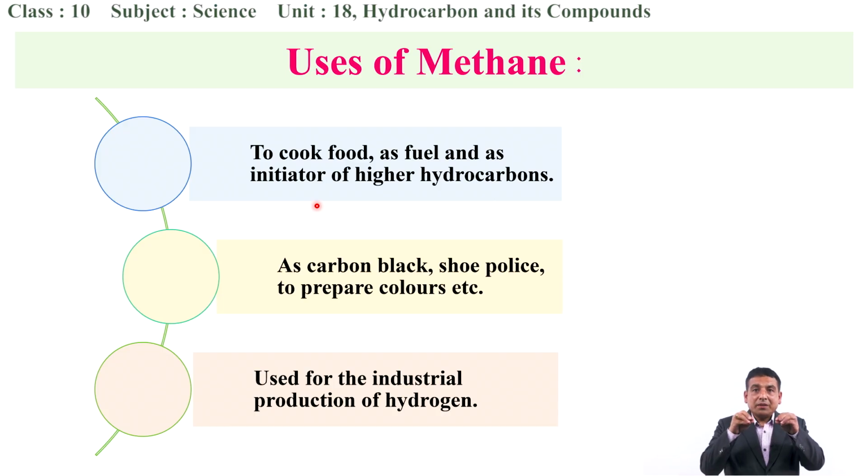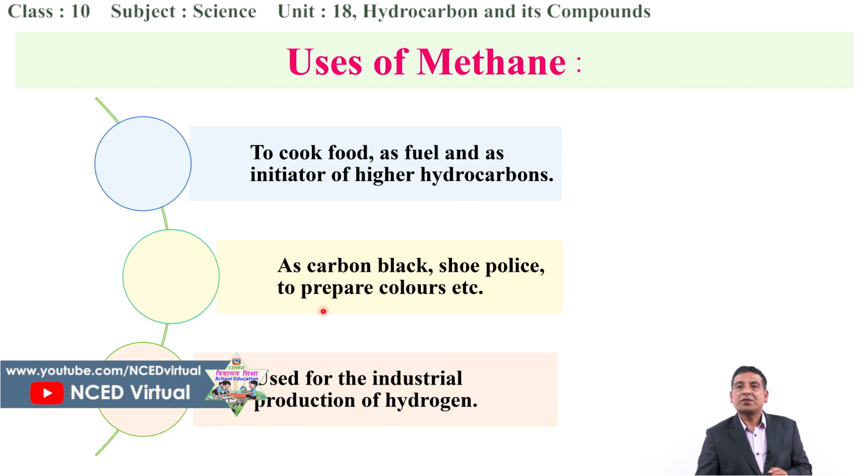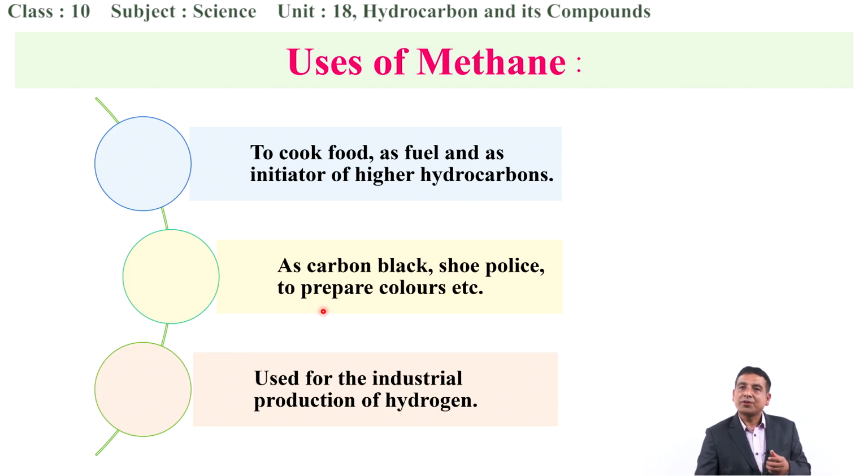So methane gas is considered the initiator of all other longer chain hydrocarbons. It is also used in carbon black, and in making shoe polish, because from methane gas we can obtain an enormous amount of carbon. Not only this, to make other colors, black colors, we can use methane gas.